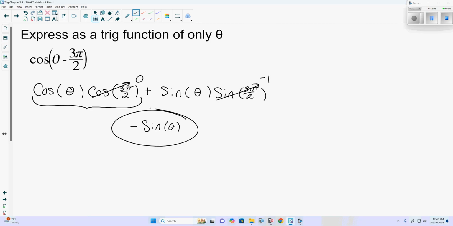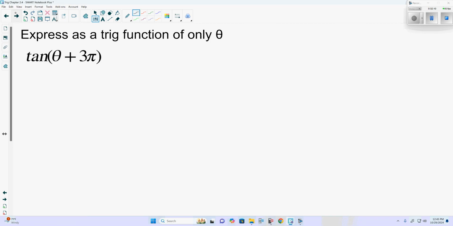Questions on this here? We're going to do one last one, and then we are going to be done for today. Tangent of theta plus 3 pi. All right, guys, focus in.